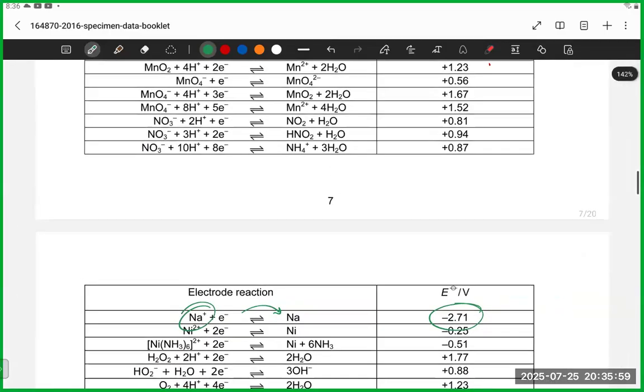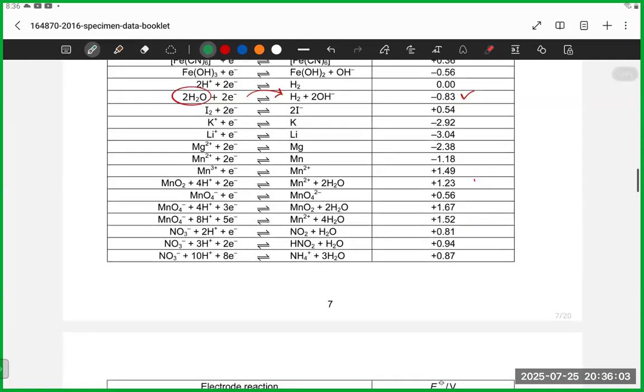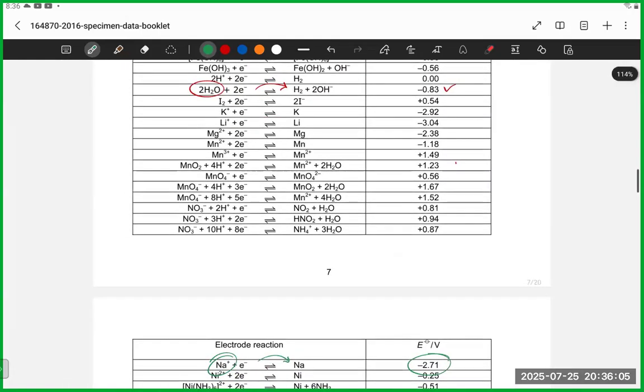And I've got water gaining electrons. So water is at the top gaining electrons, Na is at the bottom gaining electrons. So two reactions, minus 0.83 and minus 2.71. So who likes to gain electrons? The one that has the higher potential, which is going to be the water equation over here. Is this clear? Okay, water is the one that's going to gain electrons. You clear?